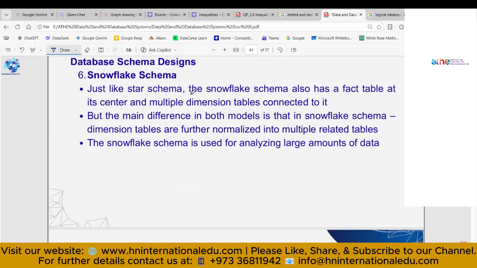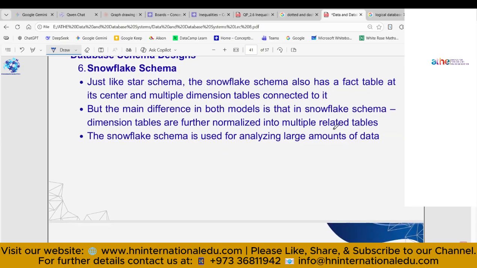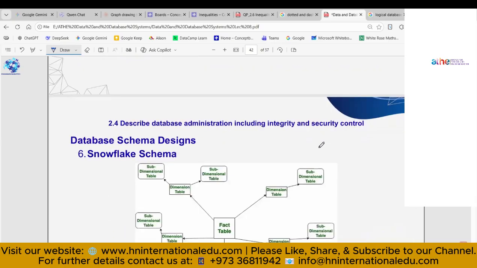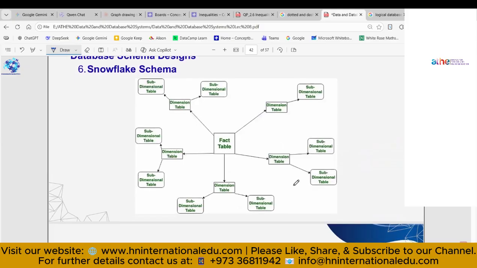Then we have the snowflake schema. Just like star schema, the snowflake schema also has a fact table. It's like a snowflake, like how in winters we have snowflakes. But the main difference between the two models is that in snowflake schema, dimension tables are further normalized into multiple related tables. This is also used for analyzing large amounts of data. So this is a snowflake schema.